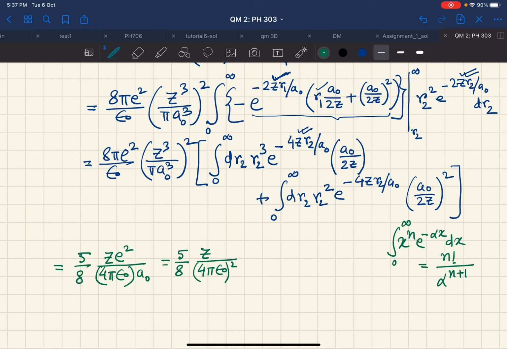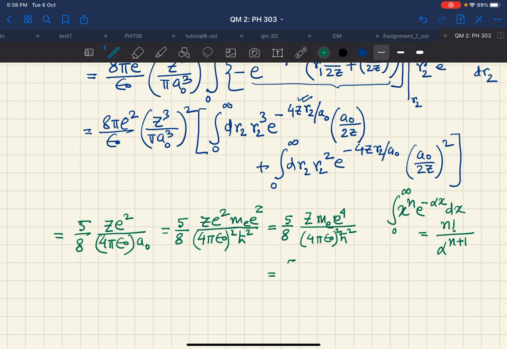So there will be 4 pi epsilon naught square h bar squared and then me into e square, which is again 5 by 8 z me e to the power 4 divided by 4 pi epsilon naught whole square h bar squared, which is nothing but 5 by 8 into 2z me e to the power 4 by 4 pi epsilon naught whole square into 2 h bar squared.